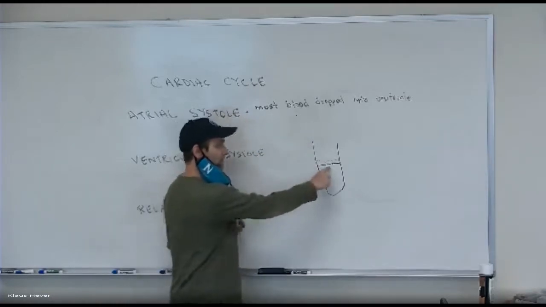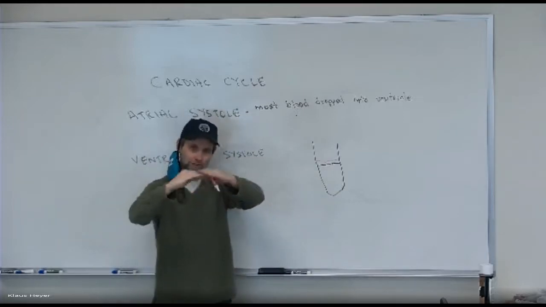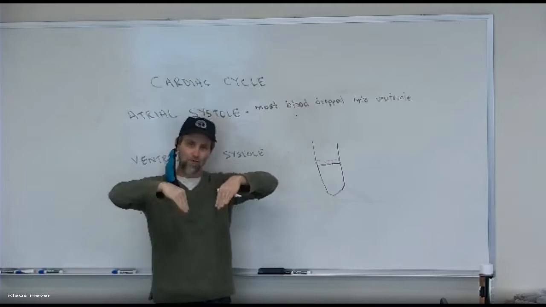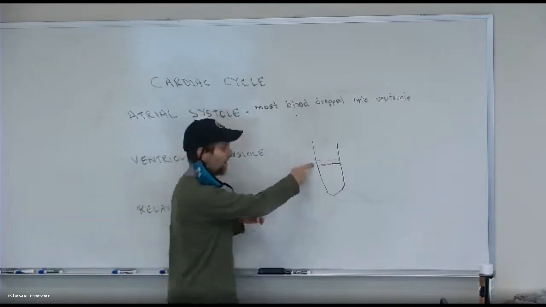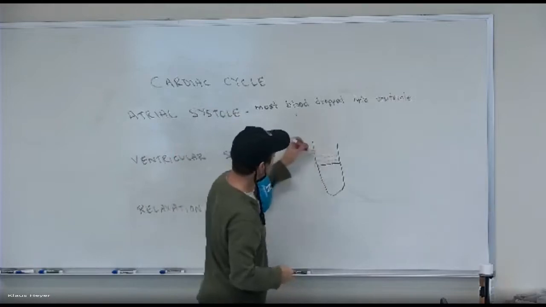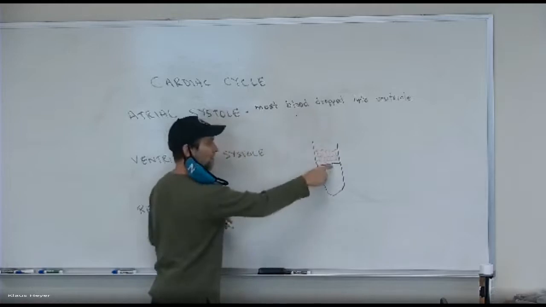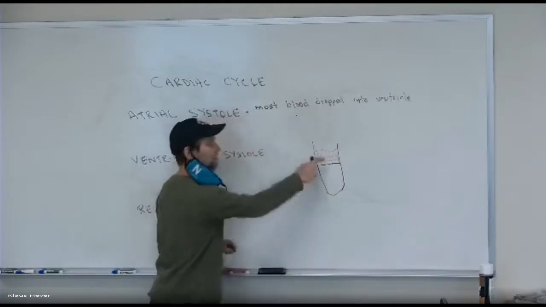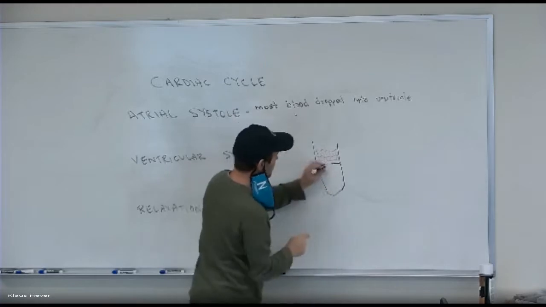And then here's the valve, and it's like a trap door. When it gets heavy enough, or enough pressure, that valve is just going to pop open, and then everything's going to fall in. But right here, it's not enough blood, so then a little bit more blood. At some point, the pressure becomes enough that it forces the AV valve to open.